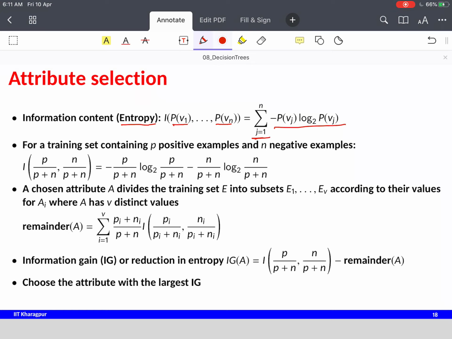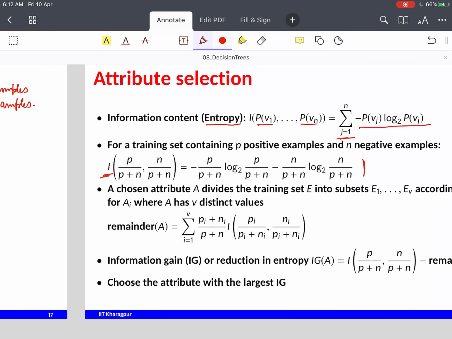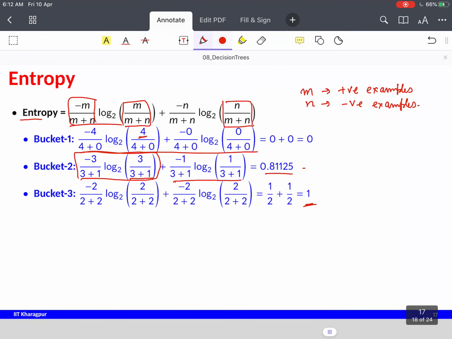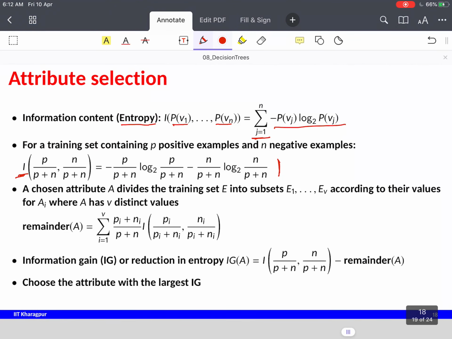We would like to measure the information based on those entropy values, and sum over all the classes. For a training set containing p positive examples and n negative examples, the information content that we can measure through this expression is the same as this one. So it's a kind of measure of entropy.